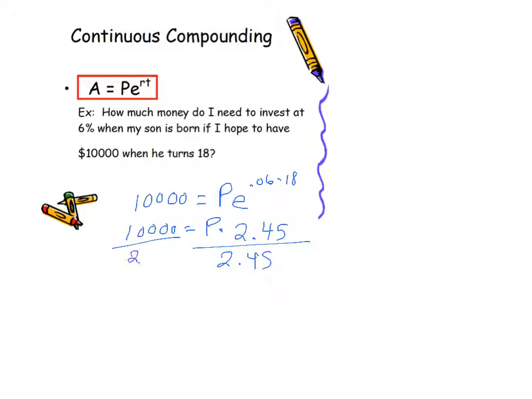I don't have to do any logarithms or anything fancy. 10,000 divided by that second answer. The principal would need to be $3,395.96. If I have that much to invest when the child is born, then I'll have the $10,000 when he turns 18.